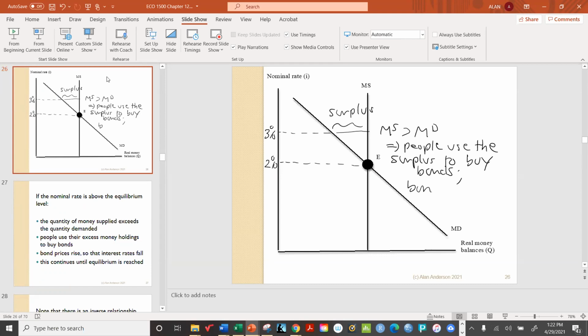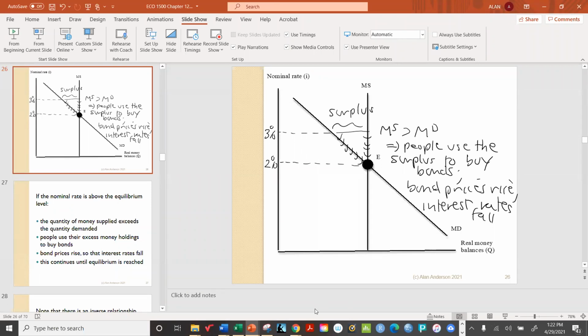And that means that bond prices rise. And as we saw 2 chapters ago, when bond prices rise, interest rates fall. And so the rate will drop down to its correct level without any change from the Fed.